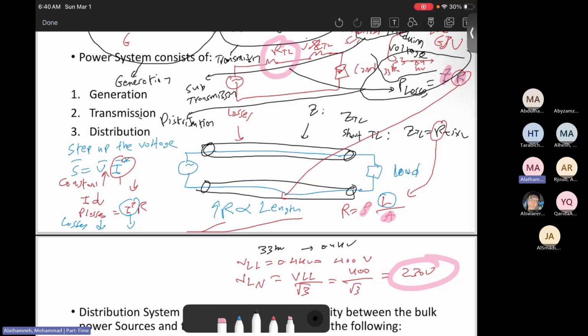I would say in Jordan, we used to mix between distribution and sub-transmission. So we have generation, for example, Samra generation, or Rehab generation units, IPP3, IPP4 generations. Then we have transmission.